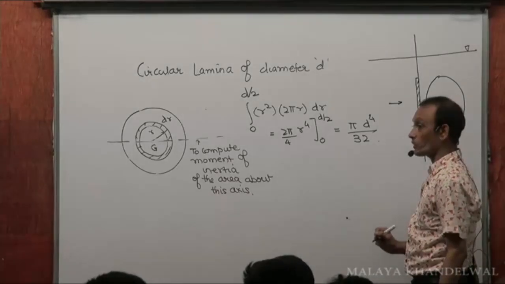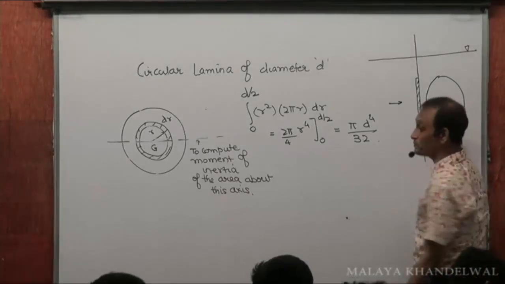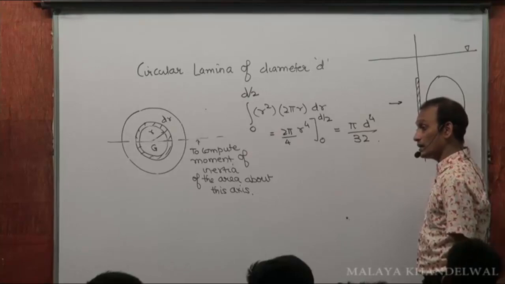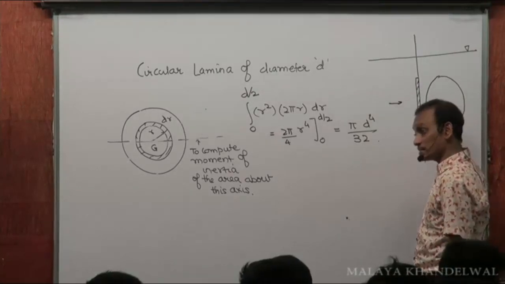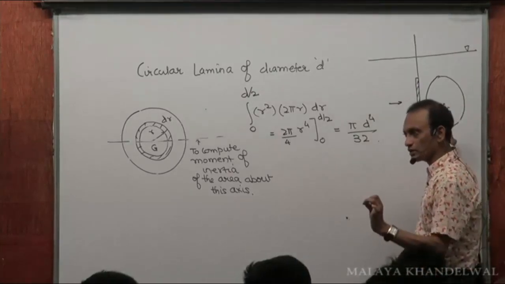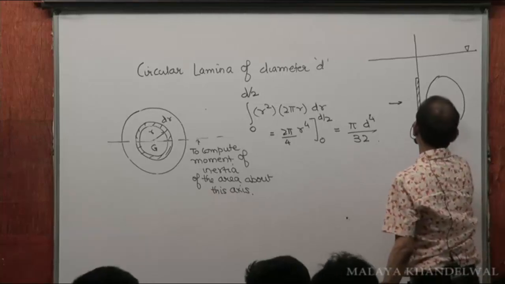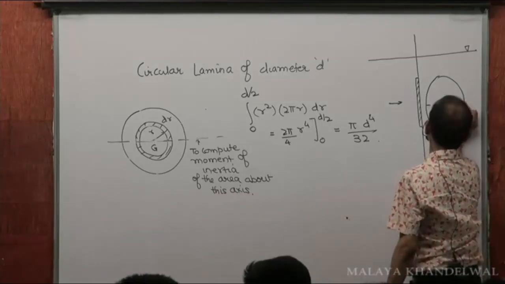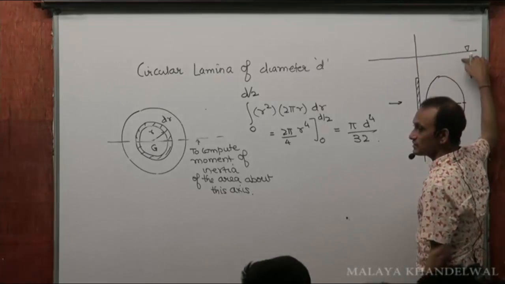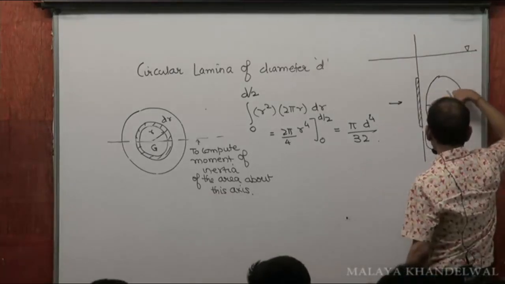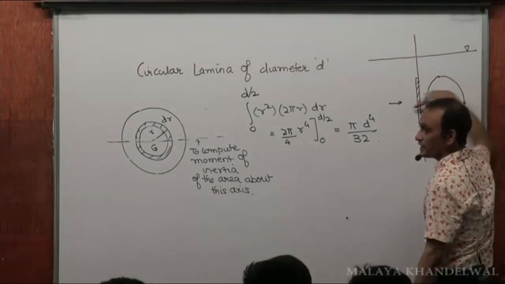To compute the center of pressure I need IG, about an axis passing through G that is parallel to the free surface, along a diameter.